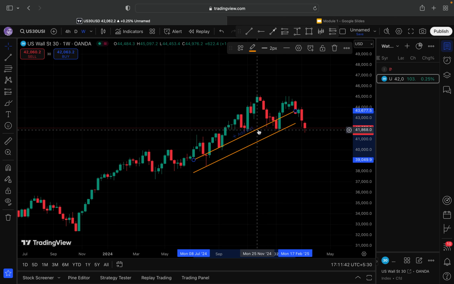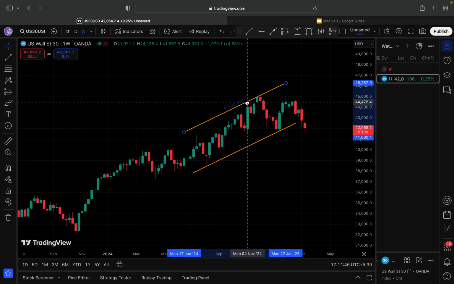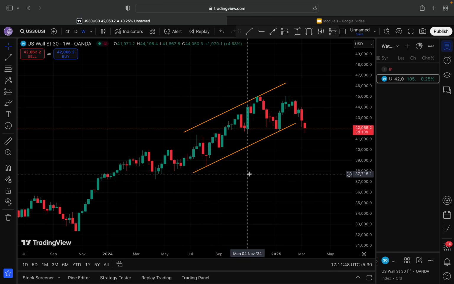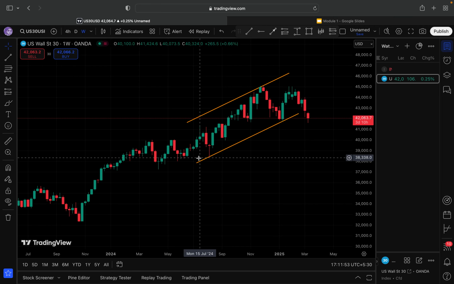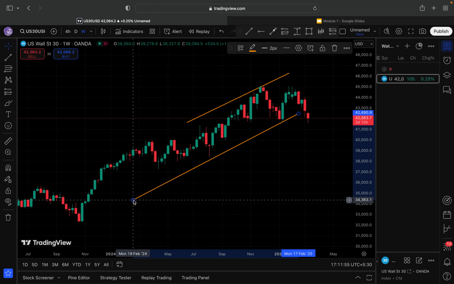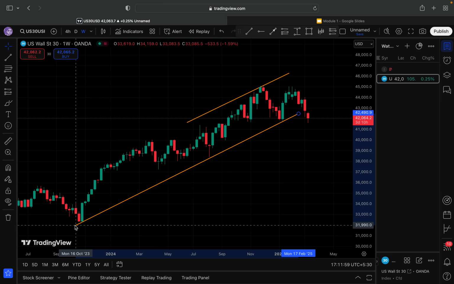Although it is good to note that most of the time, these lines are not directly parallel. Well, it can't just be one touch, so yeah, it was 3 touches actually.